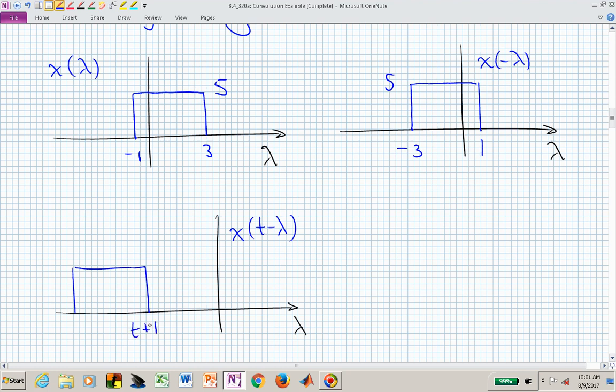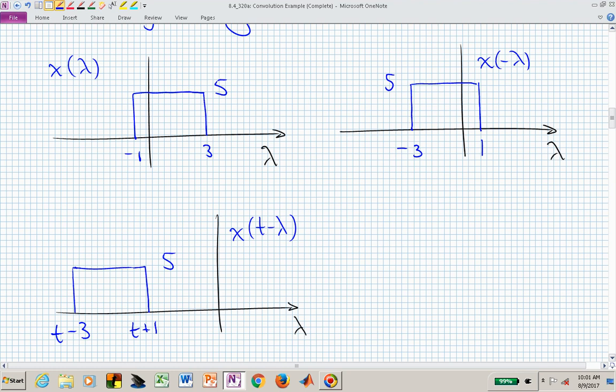Now we're just introducing t into our lambda variable, the independent variable, and we still have a height of 5. But now I hope you can see that this is ready to be slid around the lambda axis.